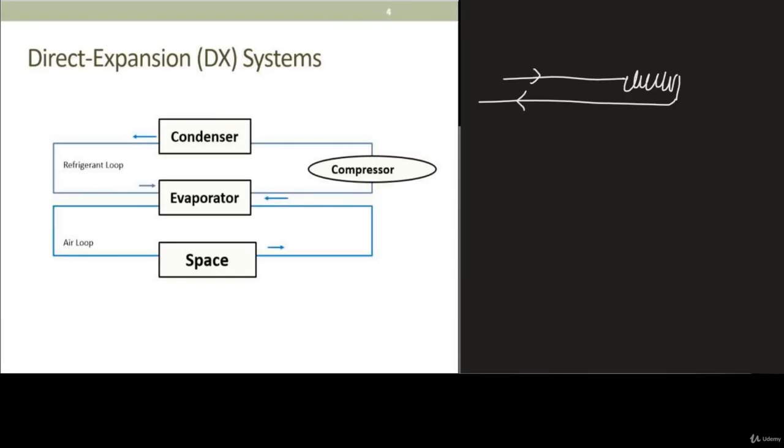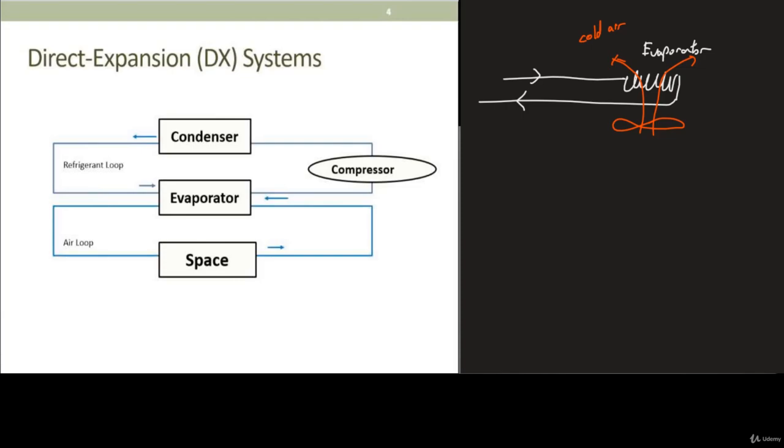So this part here is the evaporator. And what we have over here is a fan. Just a recap from the previous topic, we have a fan that is blowing across your cooling coil, and you achieve cold air after passing through the cooling coil. So it's a very, very simple setup.